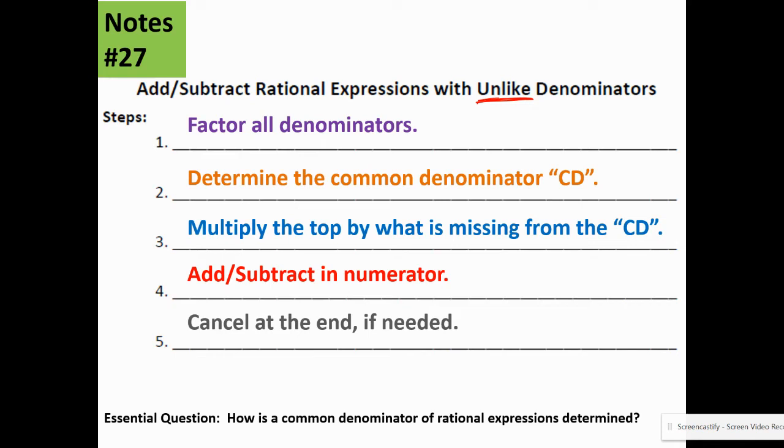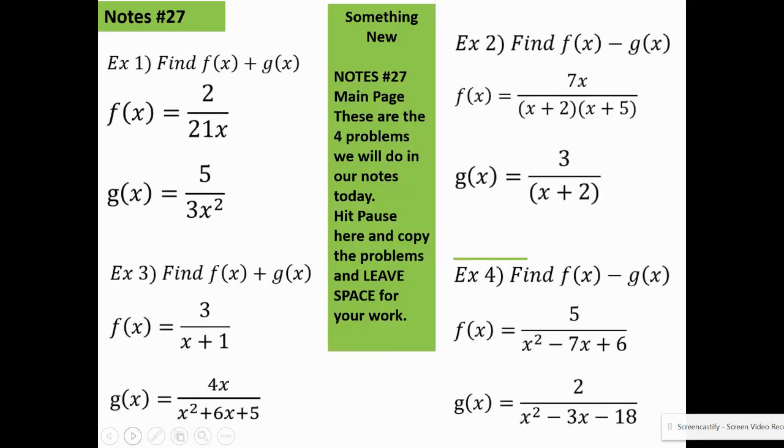You're going to determine what the CD, common denominator, is. So I'll be writing CD for common denominator. And then you're going to multiply the top by what is missing from the CD. So that's a big thing. Multiply by what is missing. And then you just add or subtract in the top, the numerator, and then at the end you cancel if you need to.